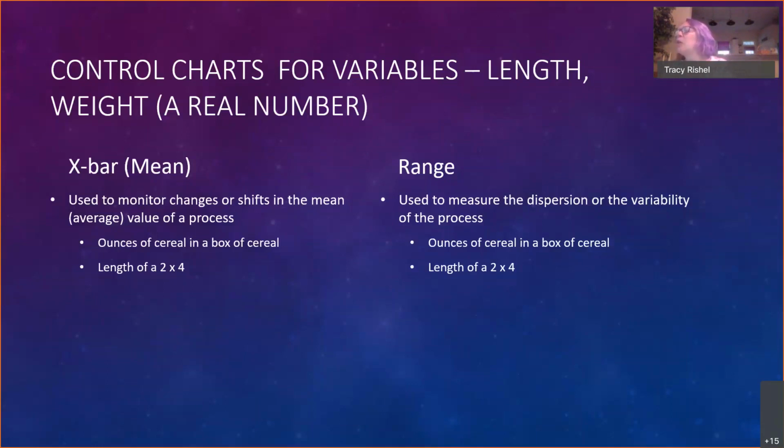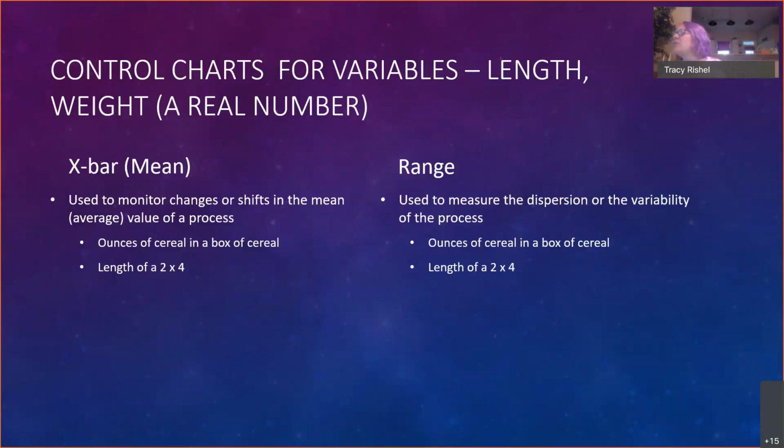And we're going to chart that. We're going to take samples. Maybe we take 10 boxes of cereal off the line every hour. And we're going to take the average, and we're going to chart those averages throughout the day. And we're going to see how much each of those samples weighs on average to see how close we're hitting 12 ounces.